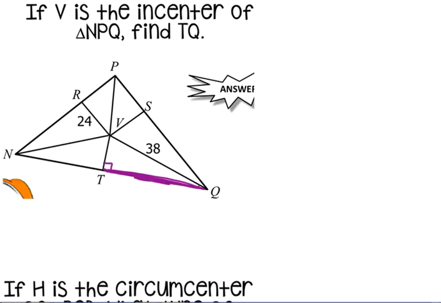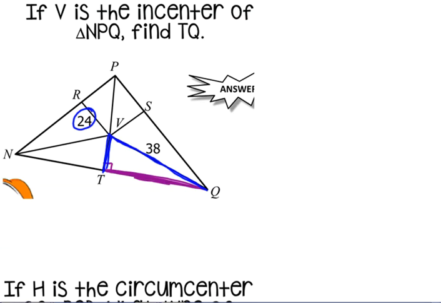Hopefully you can see that there is a right triangle right here. We're looking for leg TQ. We're looking for one of the legs. They give us the hypotenuse. It's 38. We need 2 out of the 3 to be able to find the third one. Well, what do you think this 24 is sitting over here doing?